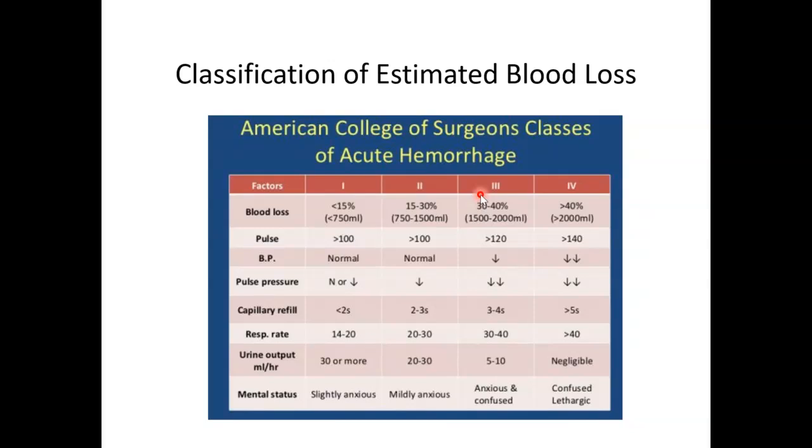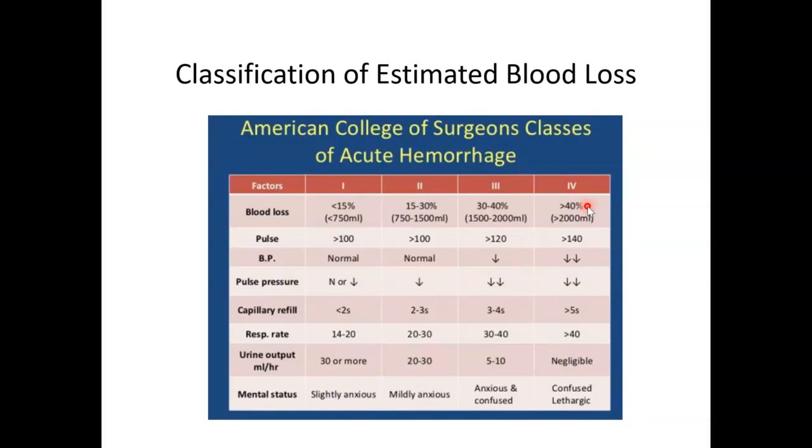And then we start getting into the third class, which is 30 to 40% of the body's blood loss. Now you can see a change in all of the symptoms. They're anxious, they're confused, their heart rate is up, their blood pressure is down, and there's a big range in pulse pressure. Capillary refill is sluggish, they're huffing and puffing, and we don't see much urine output.